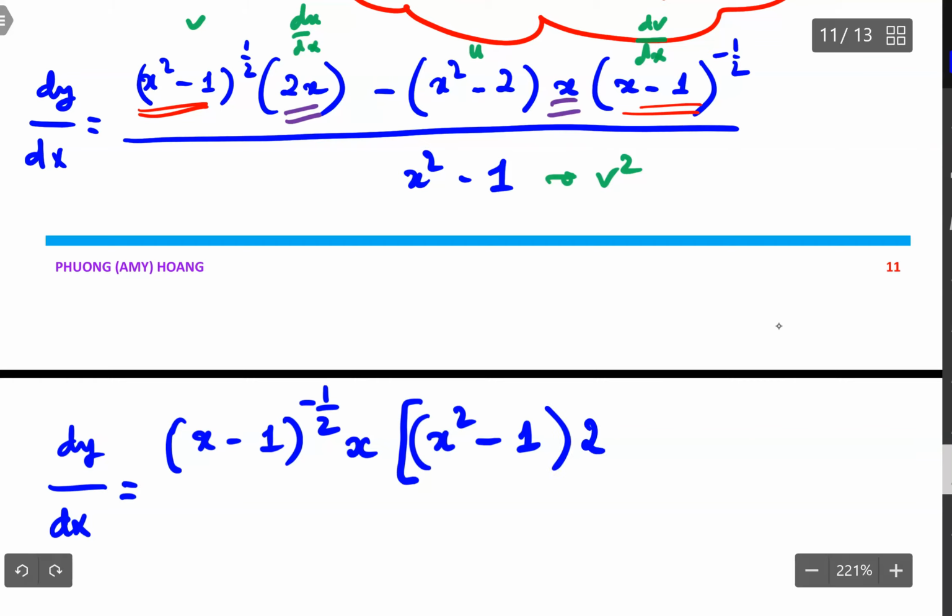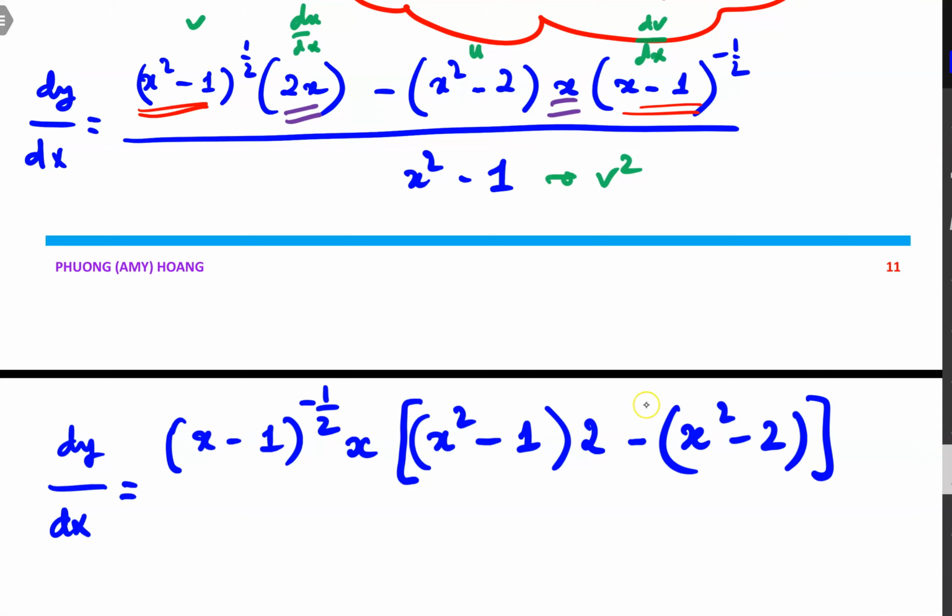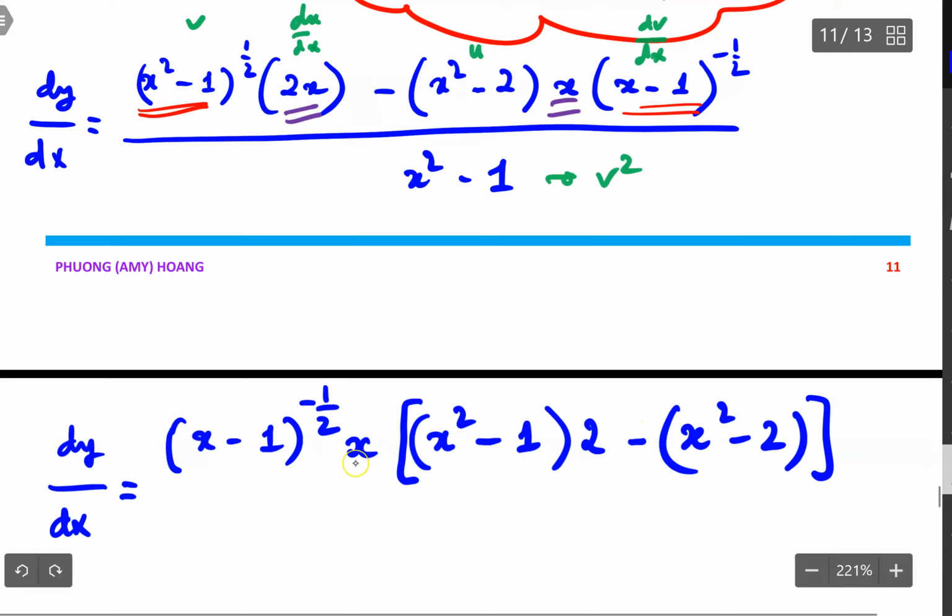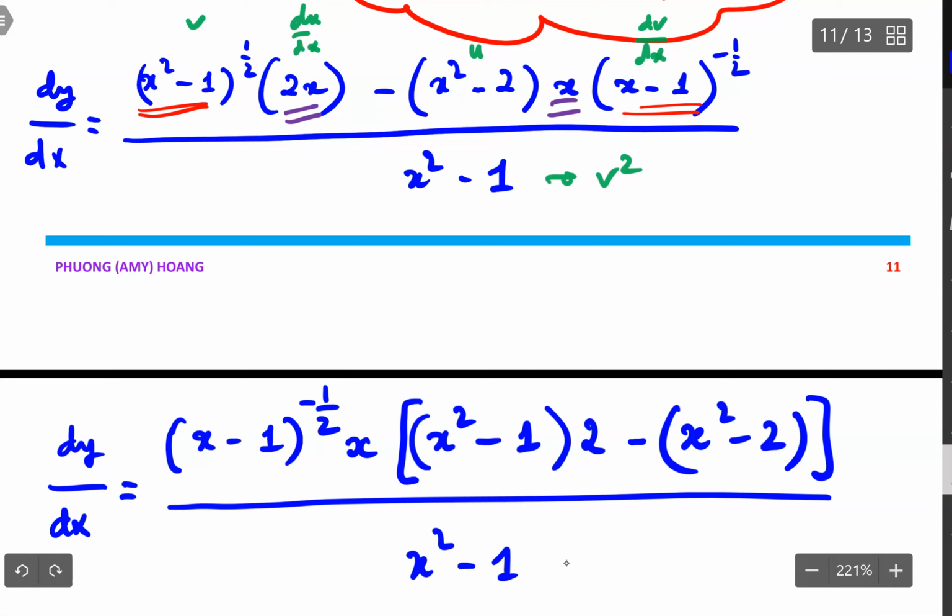And here 2 is left. And for this part here, I should have x squared minus 2 left. And the x has already come out here as my common factor, so I don't have any more x left. And the (x squared minus 1) to the negative half has already been pulled out as the common factor. Okay, so this whole thing is divided by x squared minus 1.